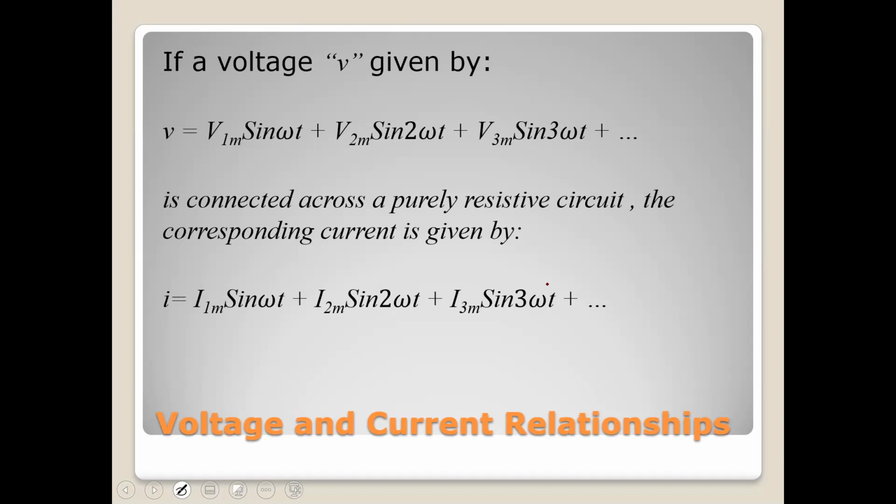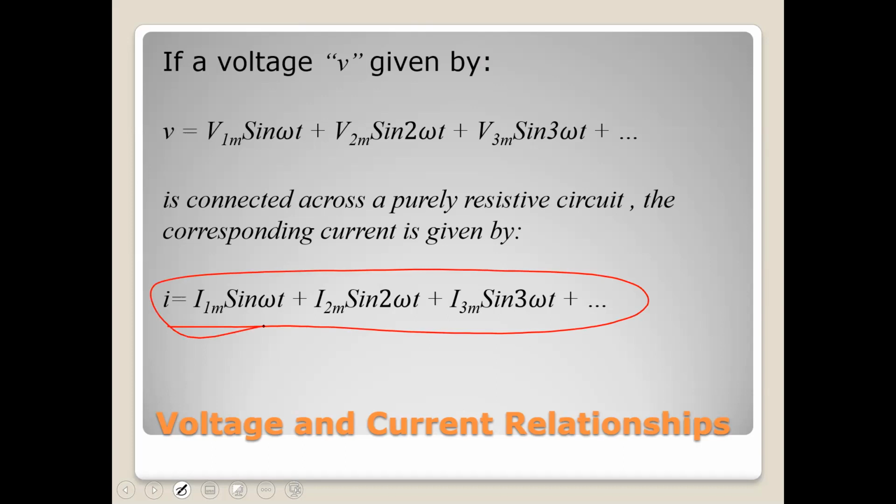So you will not have any phase displacement shown in the current expression. The voltage and the current will be in phase, if I'm connected across a purely resistive circuit.